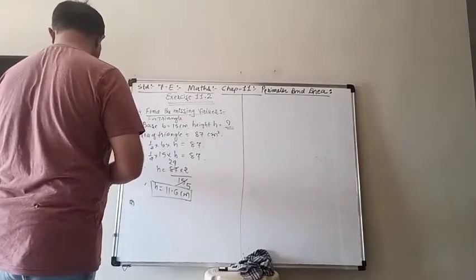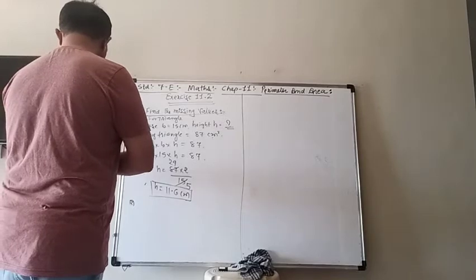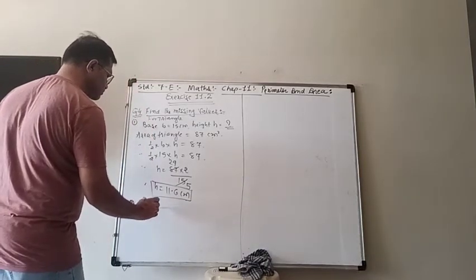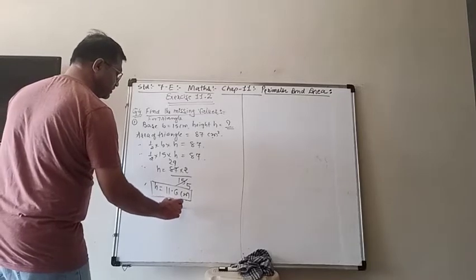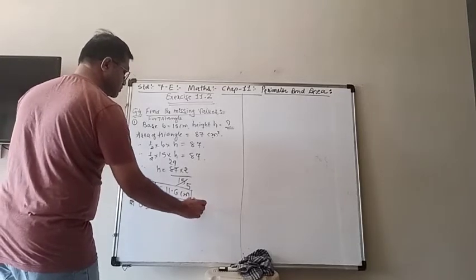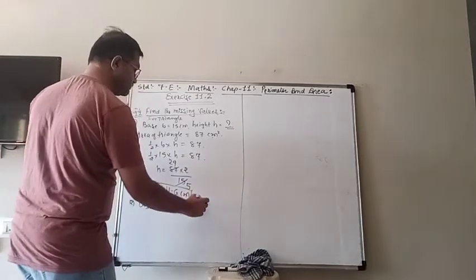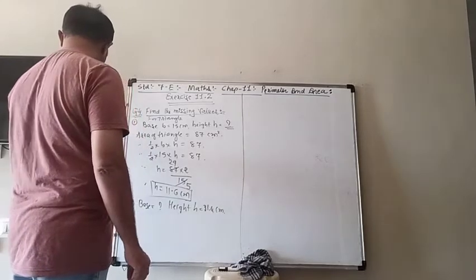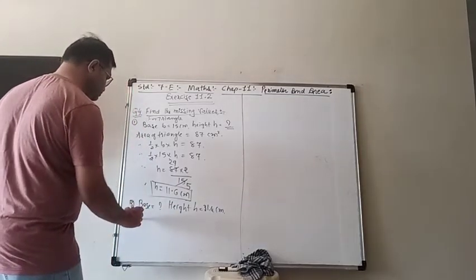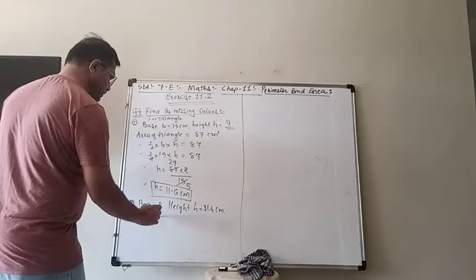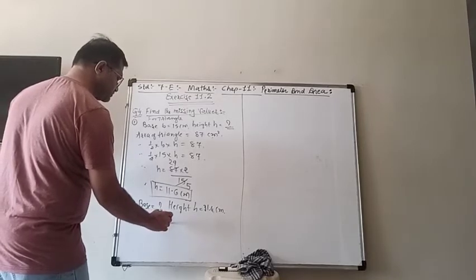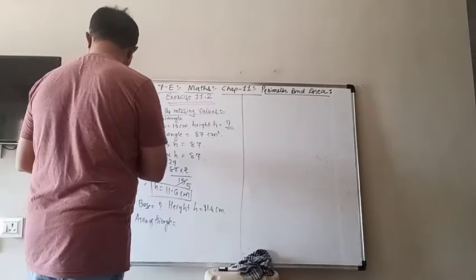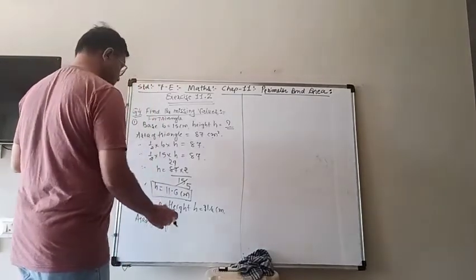In the second question, here given the base we have to find. Height is given. Height H is equal to 31.4 centimeter, and area of triangle is given as 1256 millimeter square.